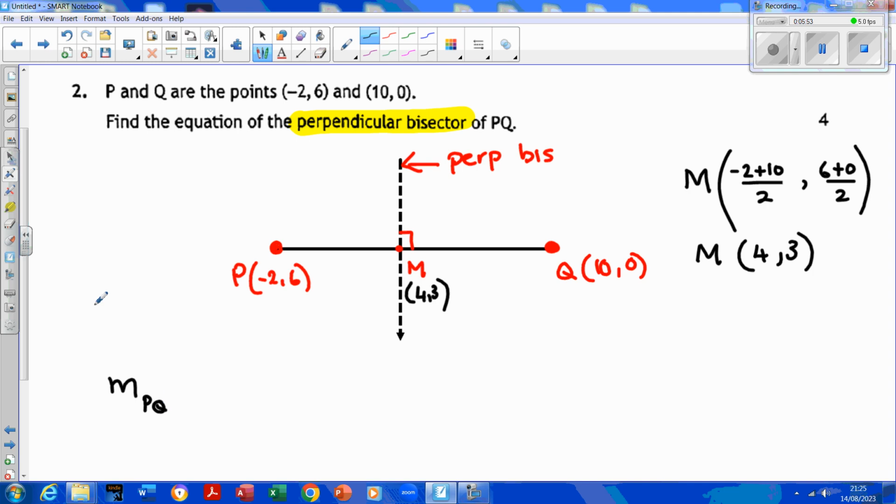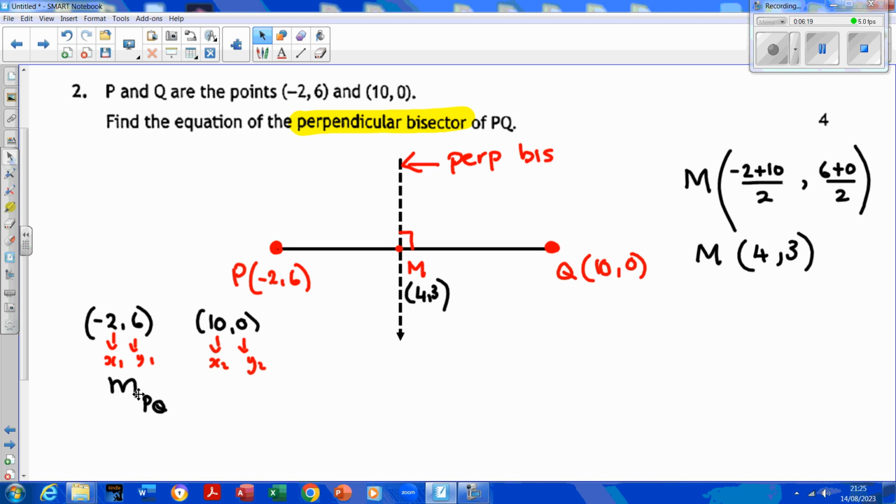We've got our 2 points, so P was the point (-2, 6), I'll rewrite them, and Q was the point (10, 0). We'll call that first point, point 1, so that becomes x1, and that will be y1, that will be x2, and that will be y2. So therefore, our gradient, m PQ, we're going to use the wee formula that you learned in 4th year, maybe even 3rd year.